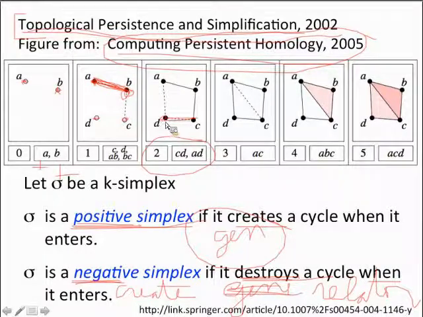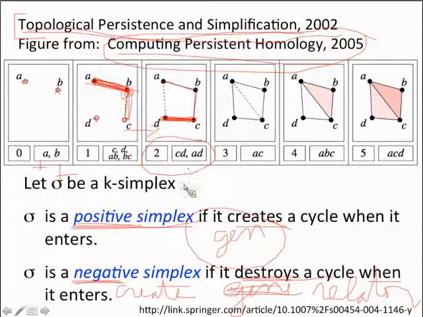So if I take a look at step 2, one of these two, let's say this one, destroys an element of H0. Going from this step to this step, we went from 3 components down to 2 components, this one component and this component, and now down to just 1 component when we add this edge.